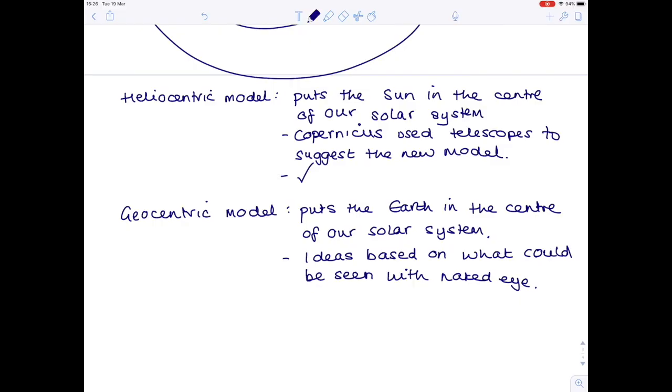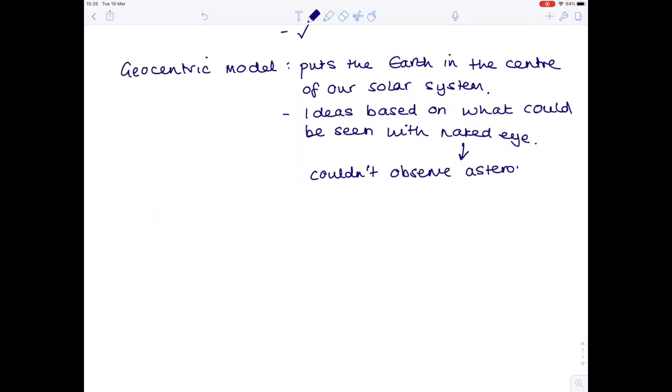Our naked eye really can't see very far, so we couldn't actually observe other features of our solar system: asteroids, moons of other planets, very distant planets, so ones like Neptune.